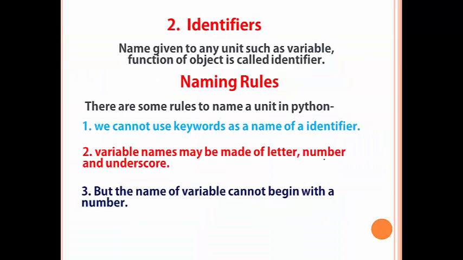Identifiers are the names of elements in Python, the name of an object or variable. The naming rule: we can use letters, numbers and underscore, but the name cannot start with a number.